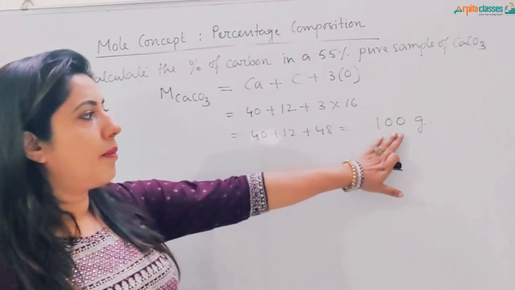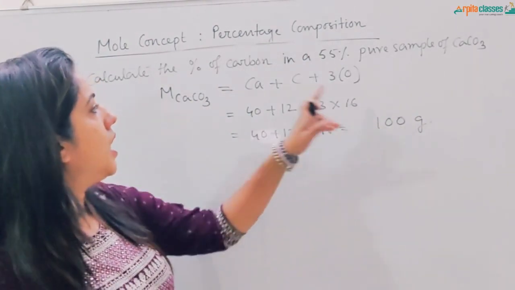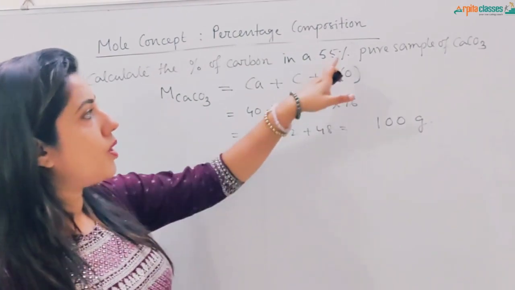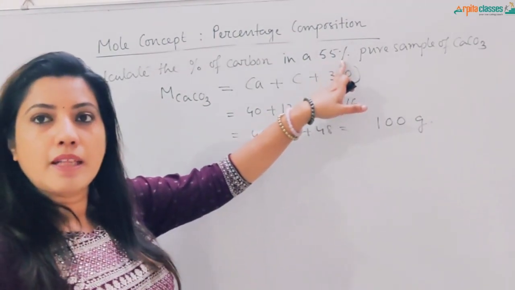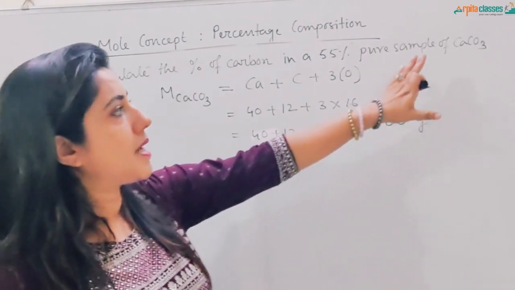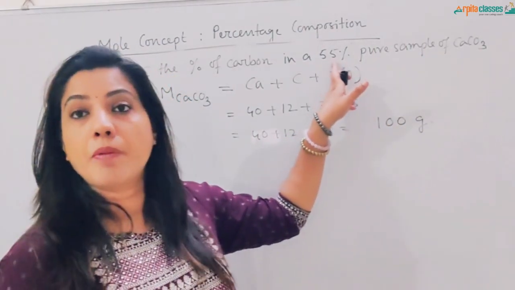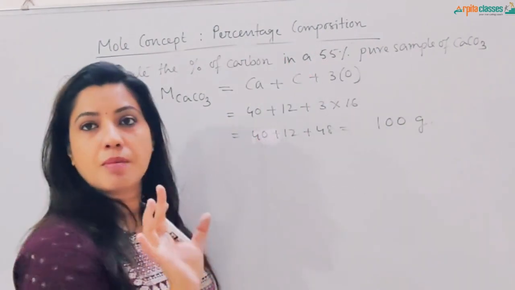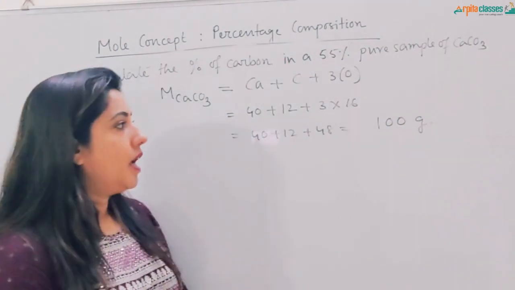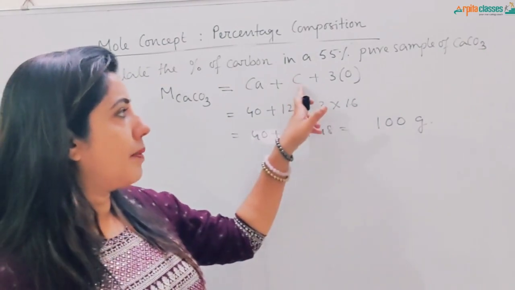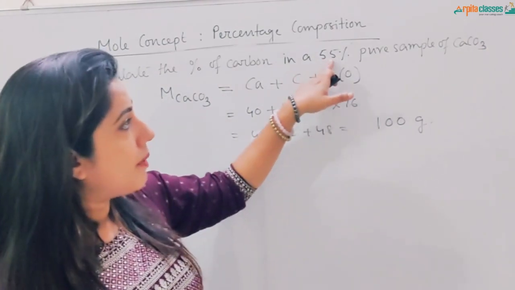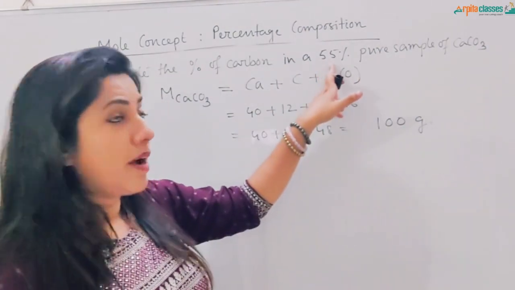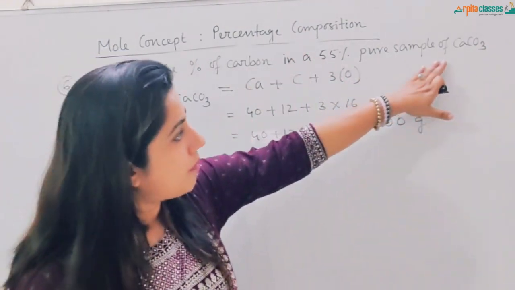That means 100 gram of calcium carbonate contains 12 gram of carbon. Now the compound is only 55% purity. That means 100 gram of the sample contains only 55 gram of pure calcium carbonate. So in 55 gram of pure calcium carbonate, how much carbon is there? We can see in 100 gram carbon is 12. So in 55 gram of the sample, how much carbon is there? We have to take 55, because the calcium carbonate is only 55% pure.